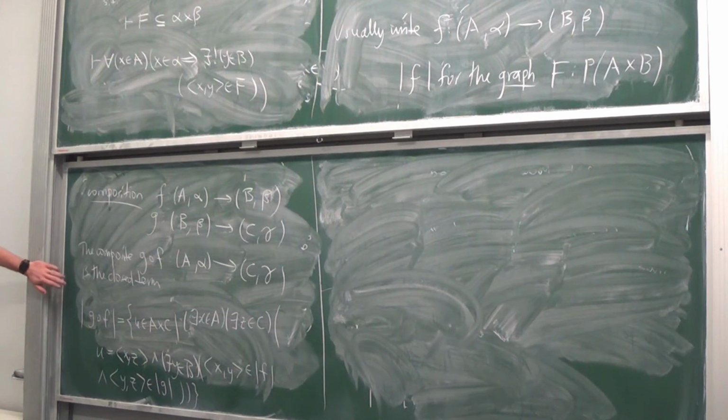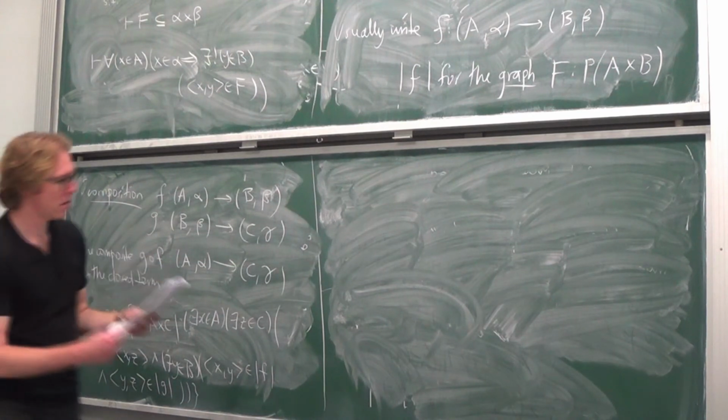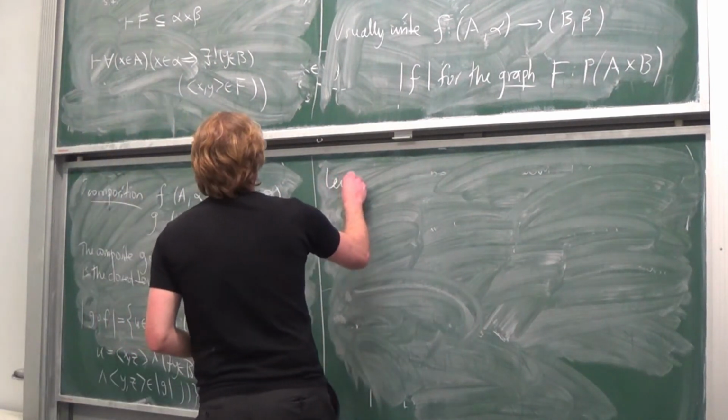But we have to check a few things, right? I mean, a morphism is not just the closed term, it's a closed term for which these propositions are entailed, right? So, lemma.